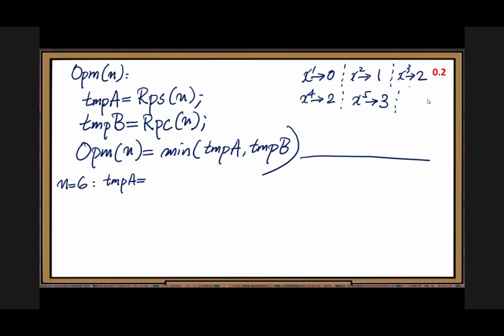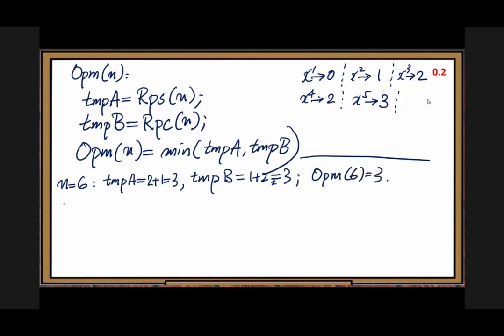Half the number is 3, so op of 3, which is 2, plus 1, okay? So equals 2 plus 1 equals 3. Okay? Temp B. Temp B also mod 0, so x cubed, that's 2, 1 plus 2. Okay? 1 plus 2, also is 3. So that tells us op of 6 equals 3, minimum.